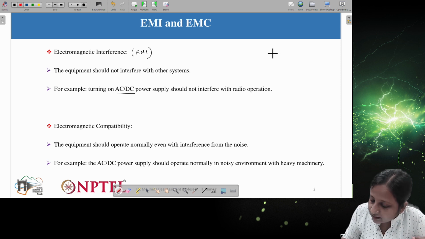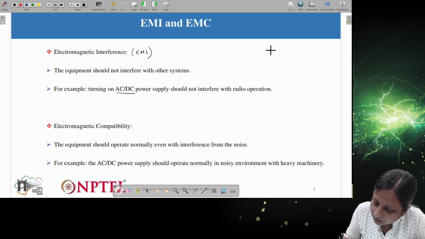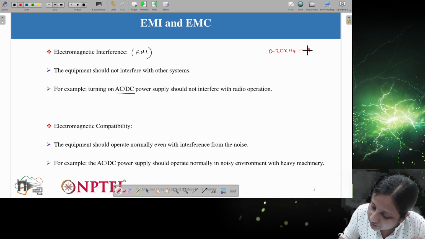Let's say the frequency range 0 to 20 kilohertz. In this frequency range, the noises which are present are known as acoustic noise.